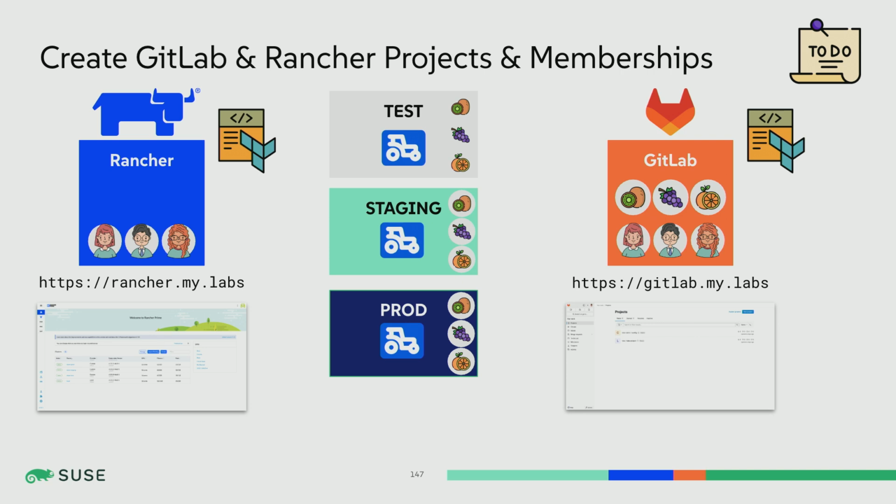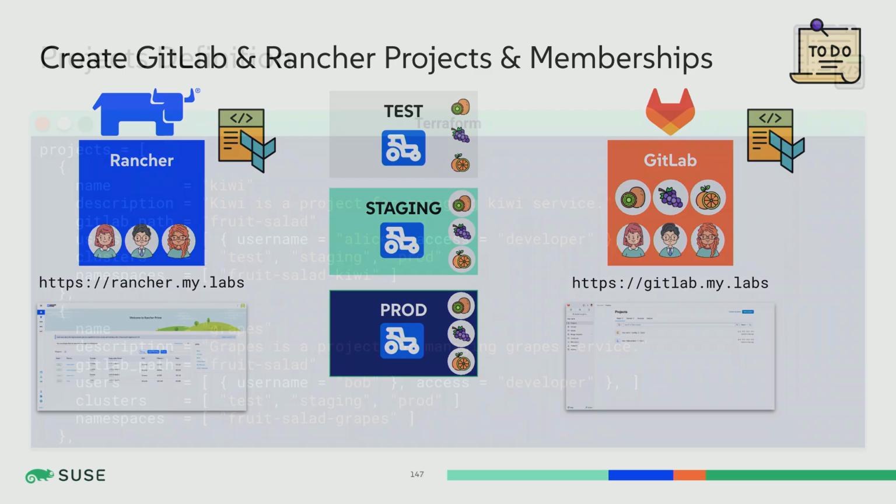We will create the project first on GitLab, then on all downstream clusters, test, staging, and prod, to let the developers connect on the respective configuration to give them access to their workload in specific clusters.